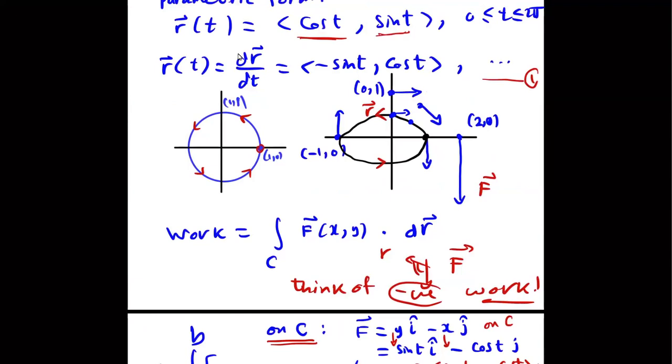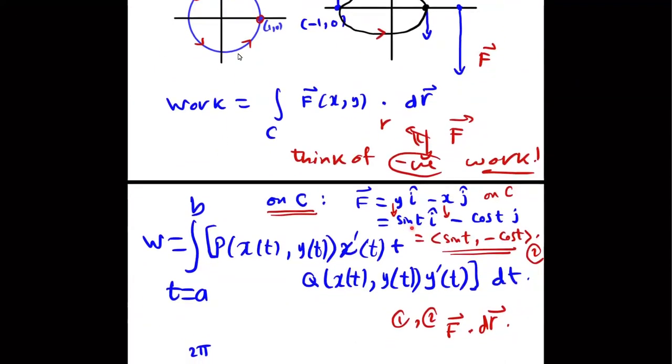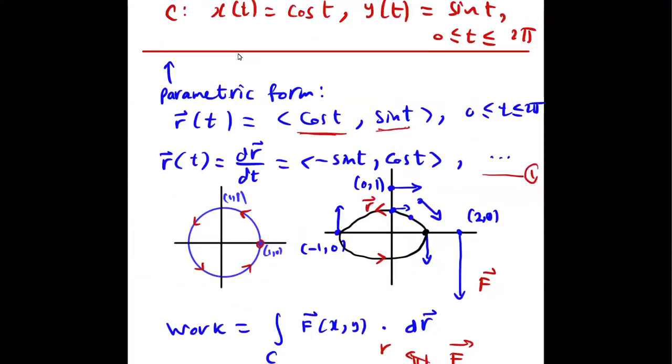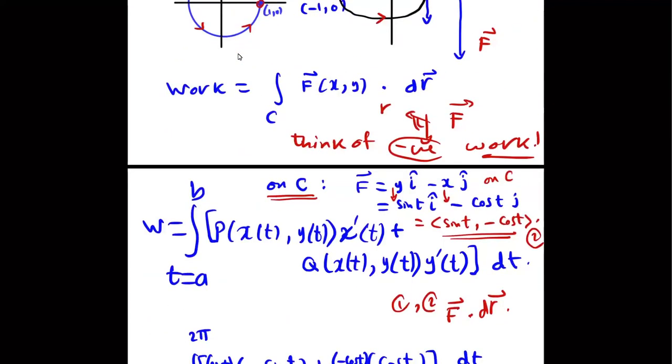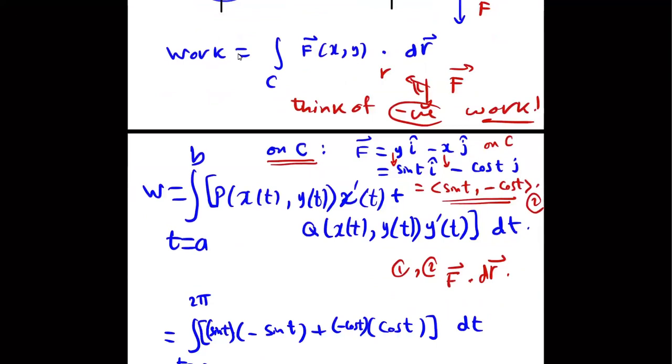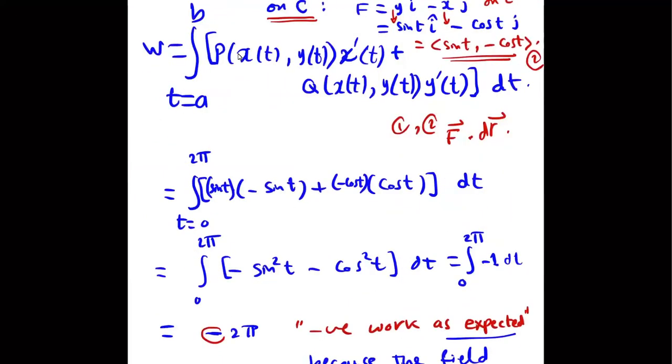First component cosine t with this component sine t, plus second component cosine t with minus cosine t. You get this: first component times first component plus second component times second component. And this is the dt.